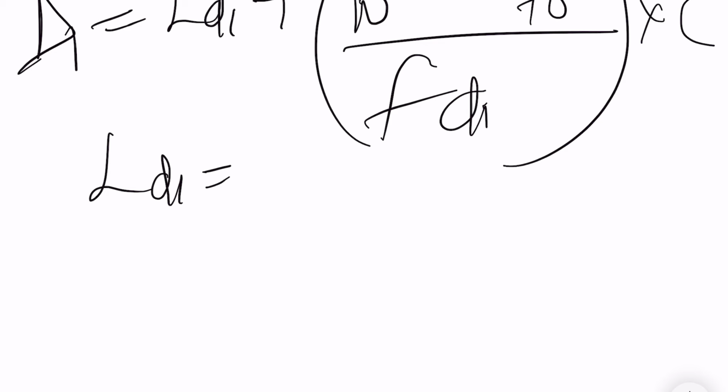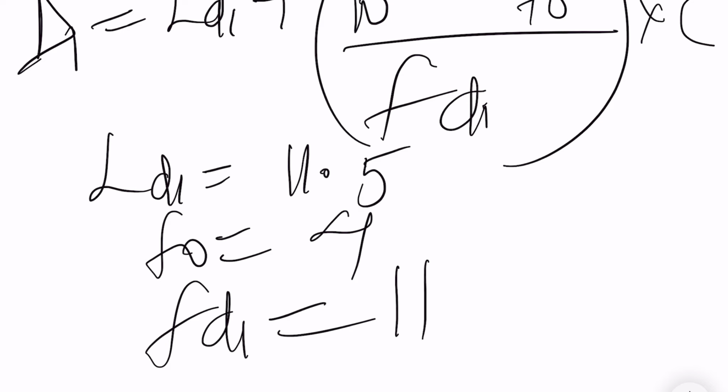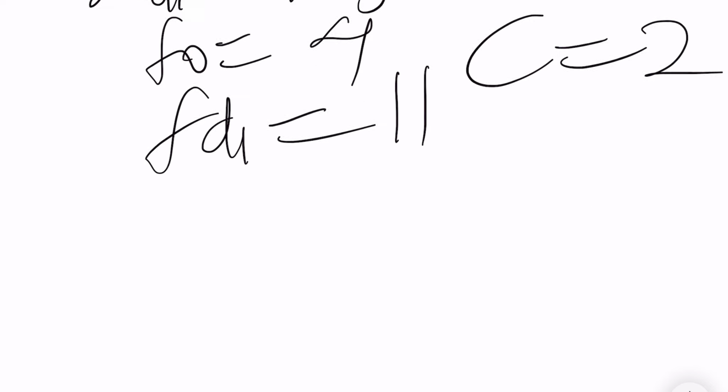So LD1 is 11.5, F0 is 4, FD1 is 11, and C is 2.